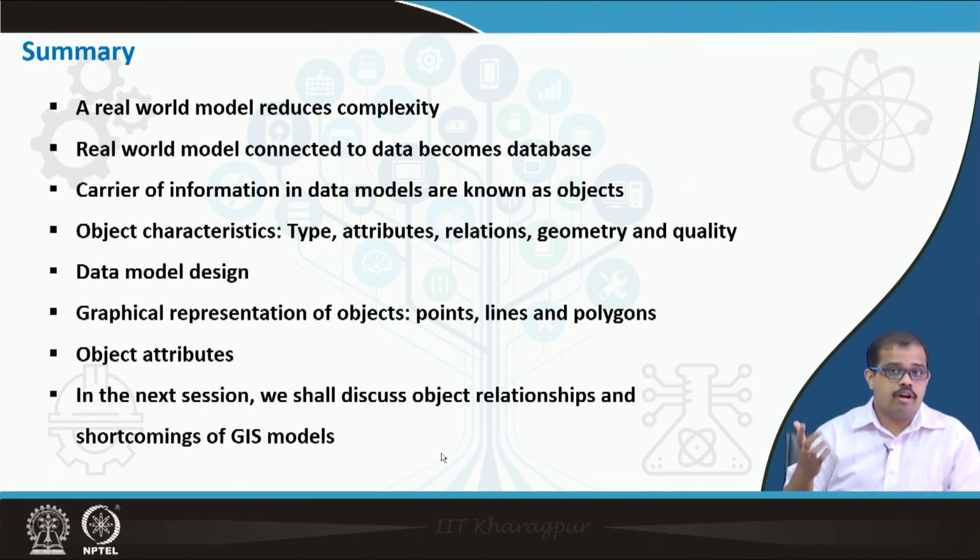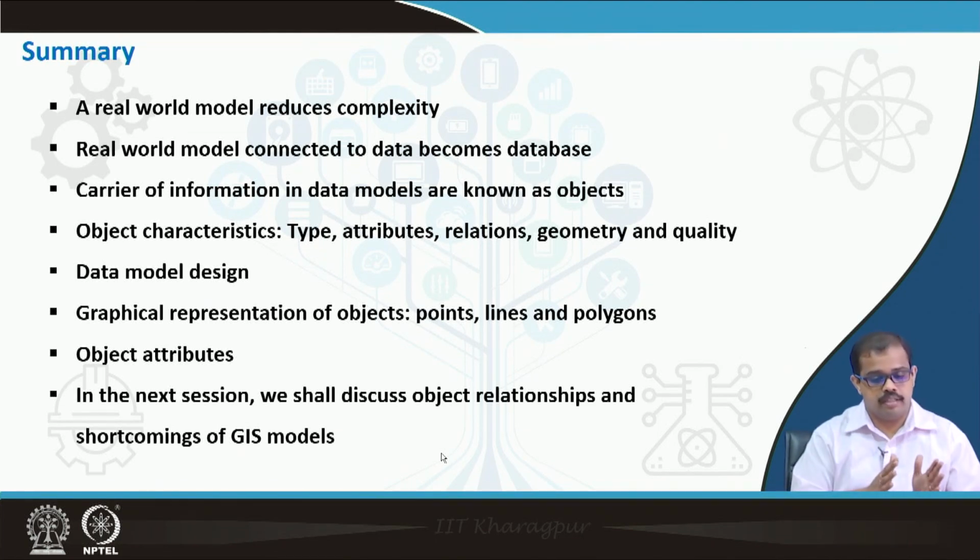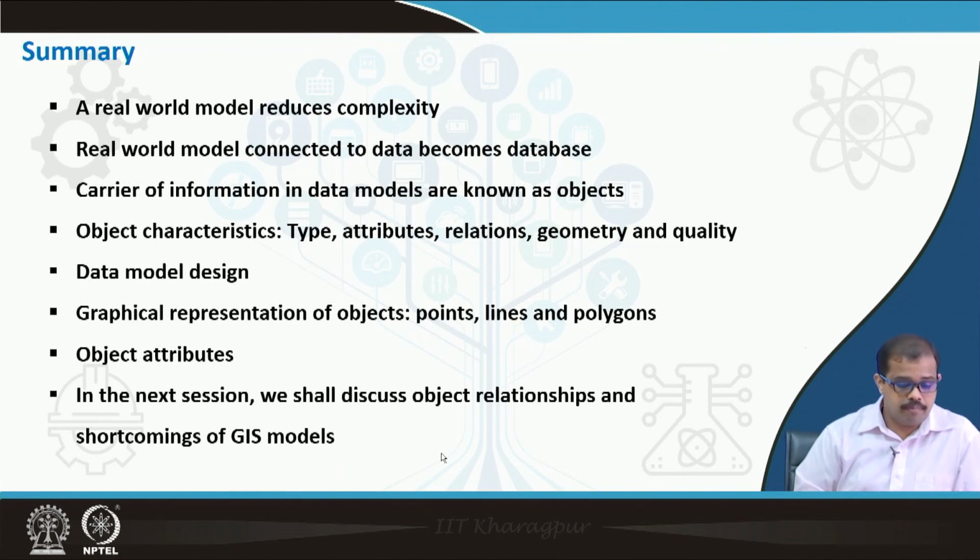The database always has certain geometric information, which are nothing but your carriers of information. I spoke about the point, line and polygon. These represent different sizes and entities of information. We also have object characteristics, for example the type, the attributes, the relations, the geometry and the quality.